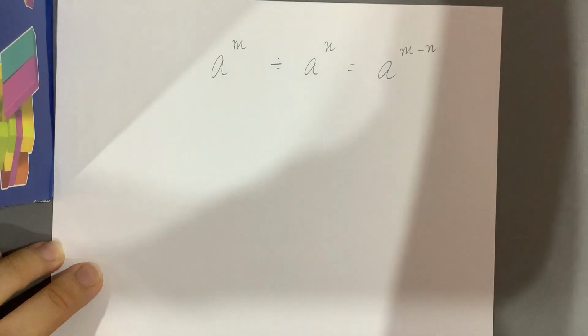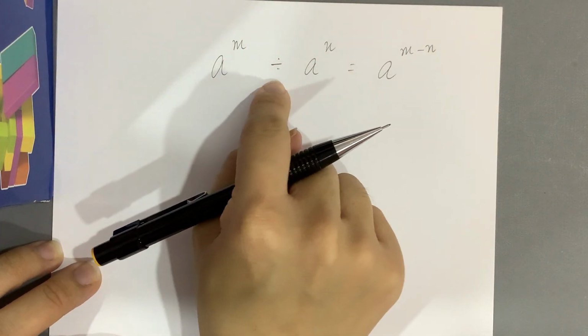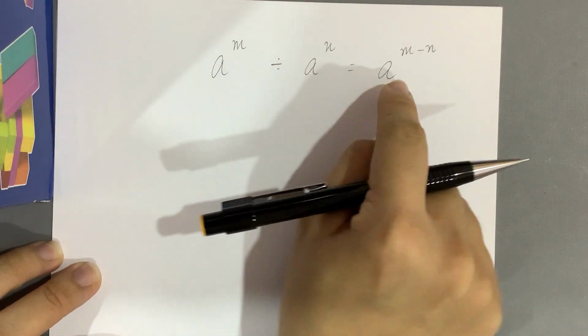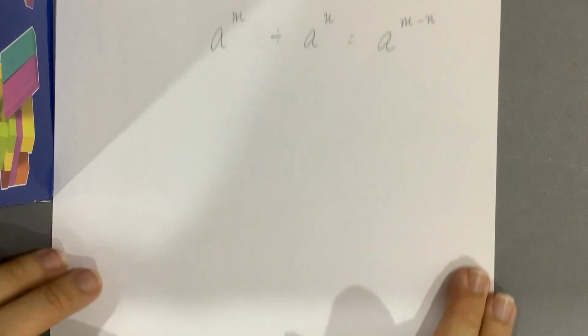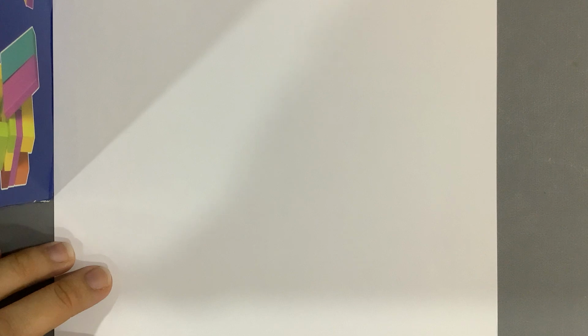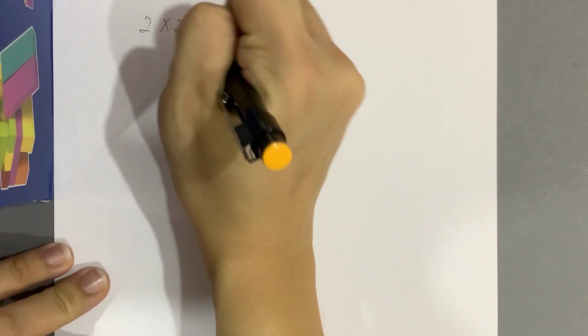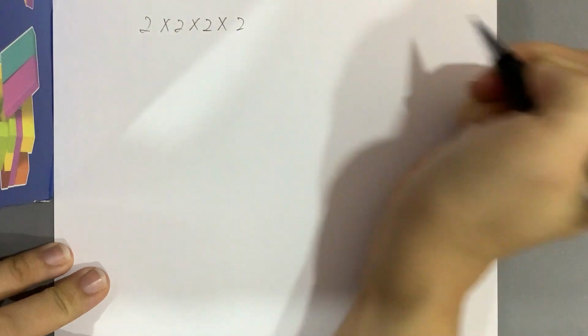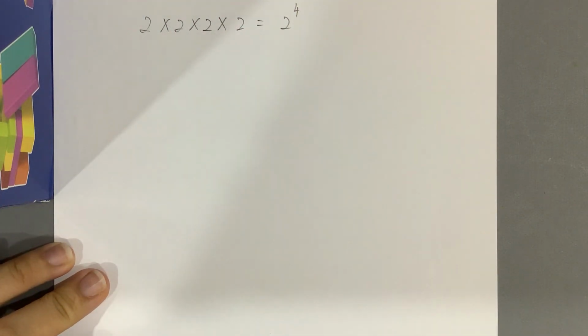Okay, next we move on to a to the power m divided by a to the power n equals a to the power m minus n. So what does this mean? Now, just now we know that 2 times 2 times 2 times 2 equals 2 to the power of 4. Okay?